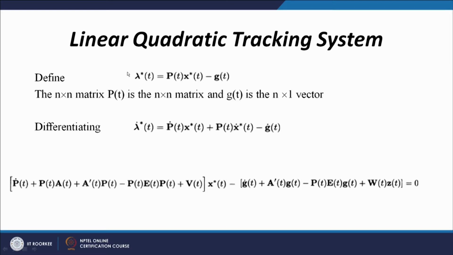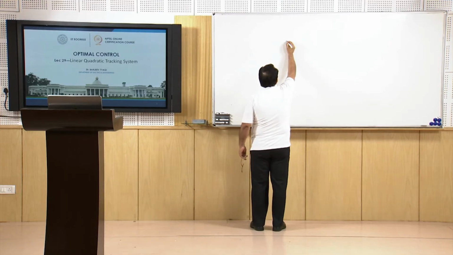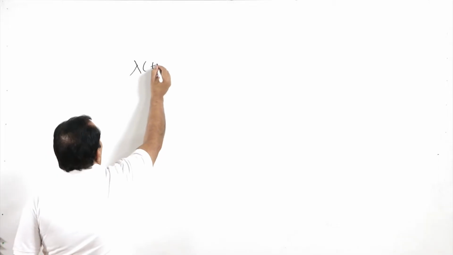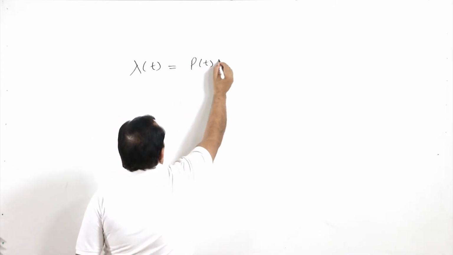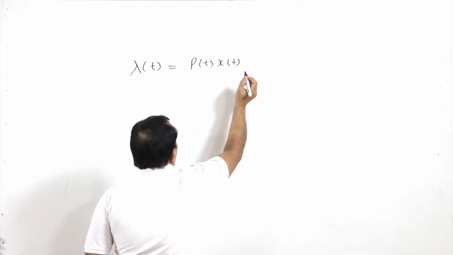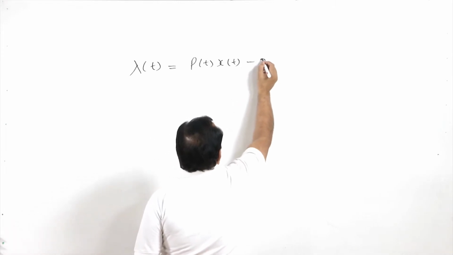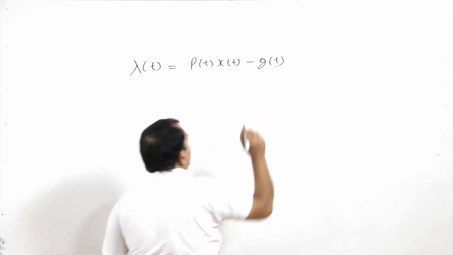So, I can define this transformation as lambda t equal to P t x t minus G t. So, we have considered lambda t as P t x t minus this G of t.